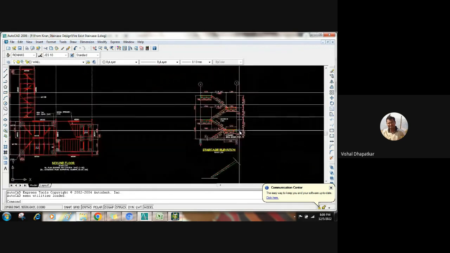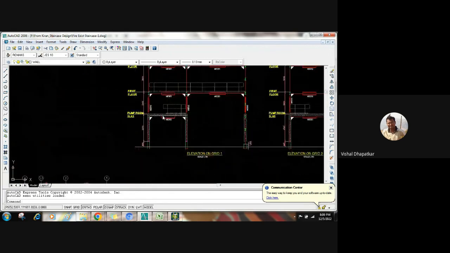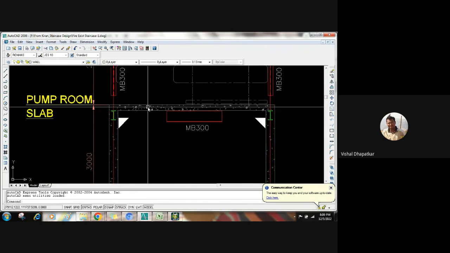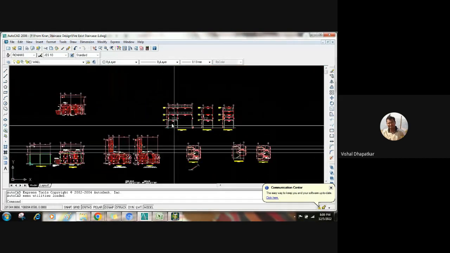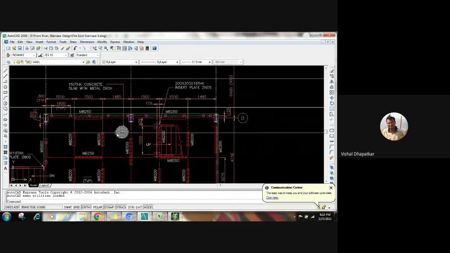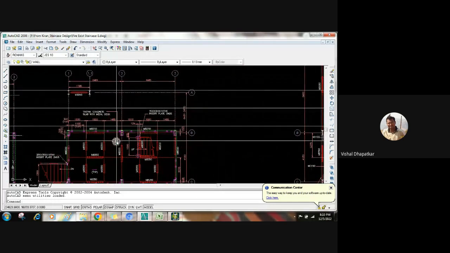I have not developed a section for it, but it's something like this. There will be some beams at the bottom and concrete at the top, and there will be sheeting on the steel beam, which will be covered by this concrete. So spacing or spanning depends on the sheet span.